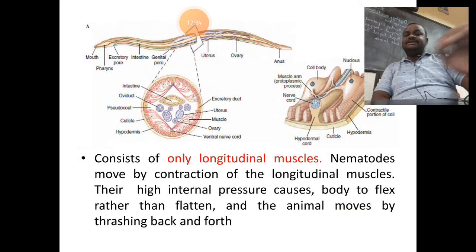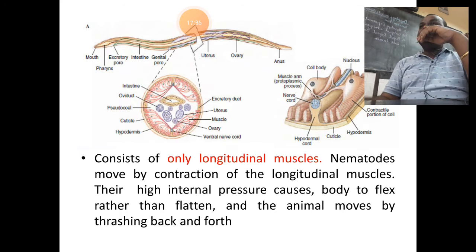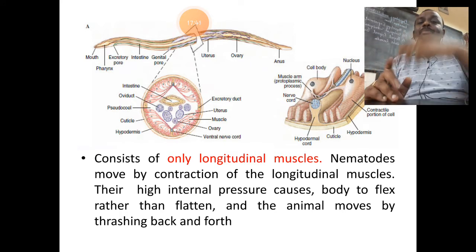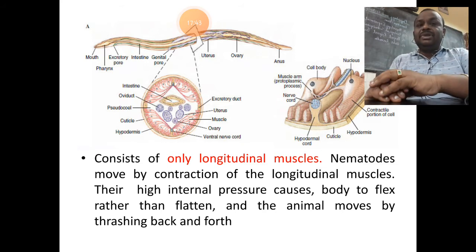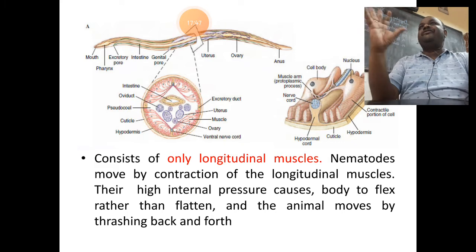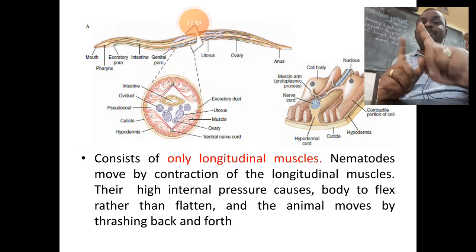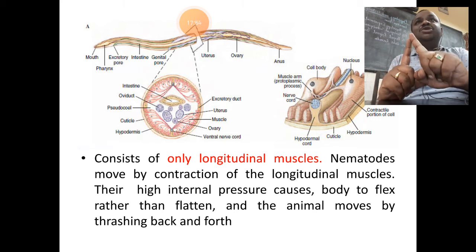The next feature is that below the epidermis, the body of the organism shows the presence of muscles. Students, remember, there are 4 bands or groups of muscles seen, and all the muscles belong to one particular type called longitudinal muscles.